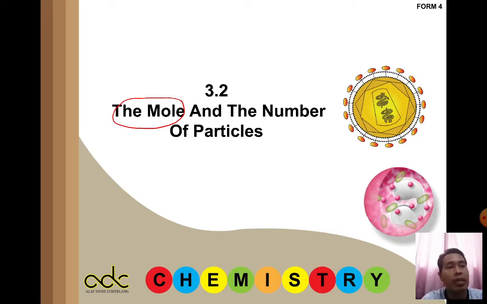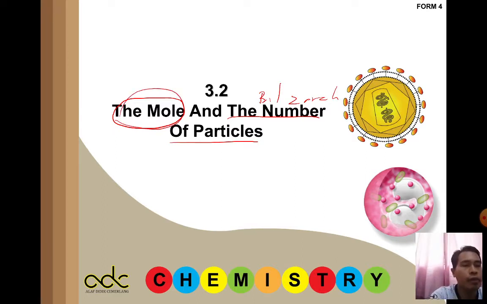The number of particles is one type of concept in the mole yang you kena tahu. The number of particles bermaksud bilangan zarah. Dalam bahasa Melayu kita tulis bilangan zarah. Mole dan bilangan zarah.